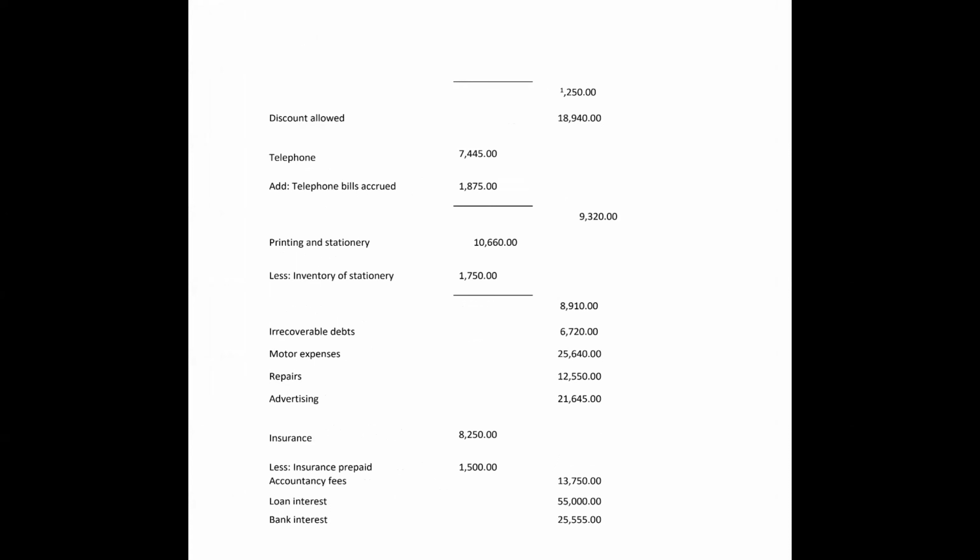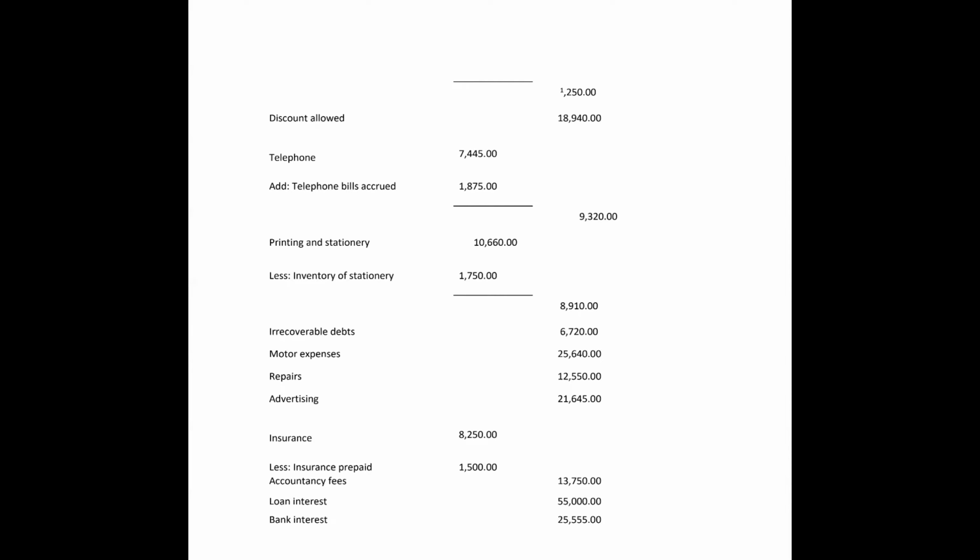Telephone, you also add accrued telephone. I mentioned about telephone accrued, right? You add that. Printing and stationery is that. Then you less inventory of stationery, because for stationery, they didn't use everything. There is some inventory that remains.